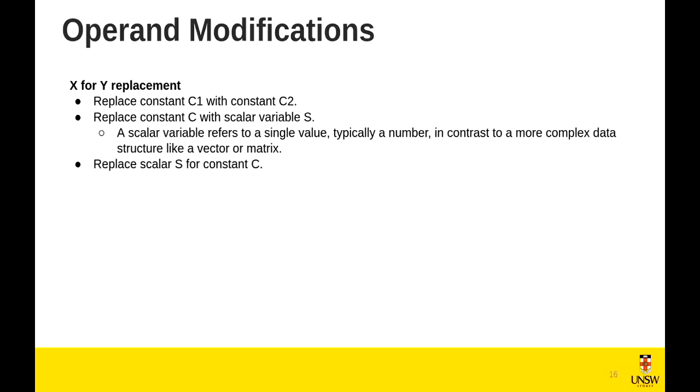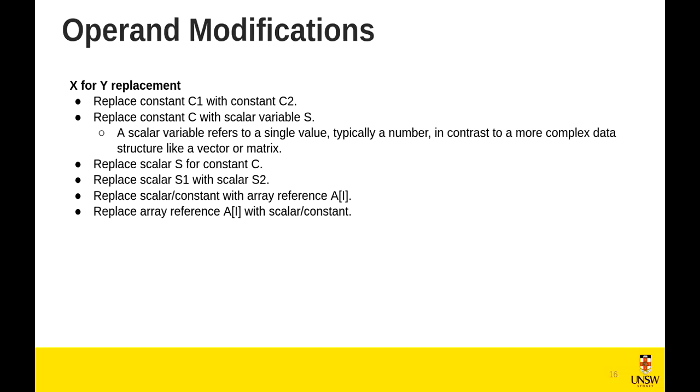We can also replace scalar variables with constants, and replace one scalar variable with another one. We can replace a scalar variable with an array reference, because an array reference refers to one particular value, and we can also do it reversely.